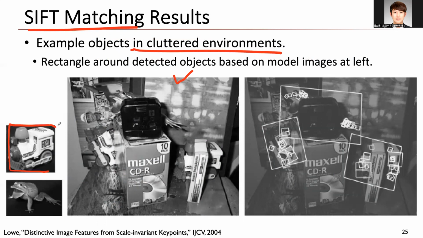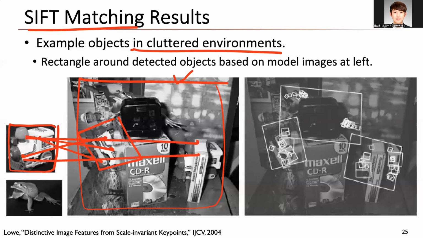Here is the input image, and this is another image. If we can find the correspondence between two images, for example, this one corresponds to here, this one corresponds to here, then we can localize a new object here or here, maybe this one. Then there is an object like this.